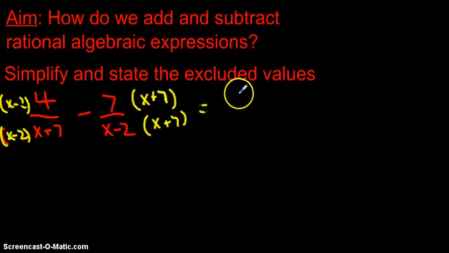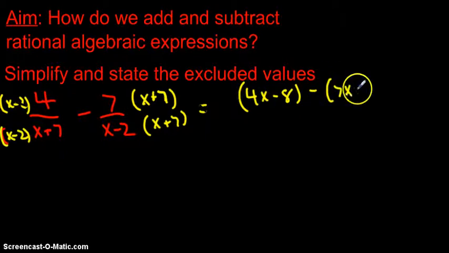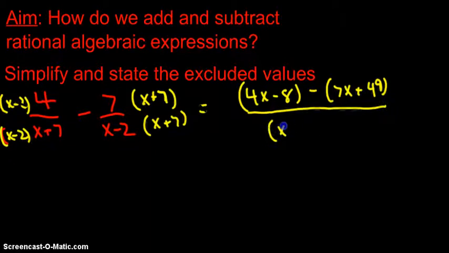So the numerator here would become 4x minus 8, and that's going to be taken away from 7x plus 49, all over this common denominator of x minus 2 and x plus 7. I'm actually going to leave these in factored form because it'll be easier to do cancellations.